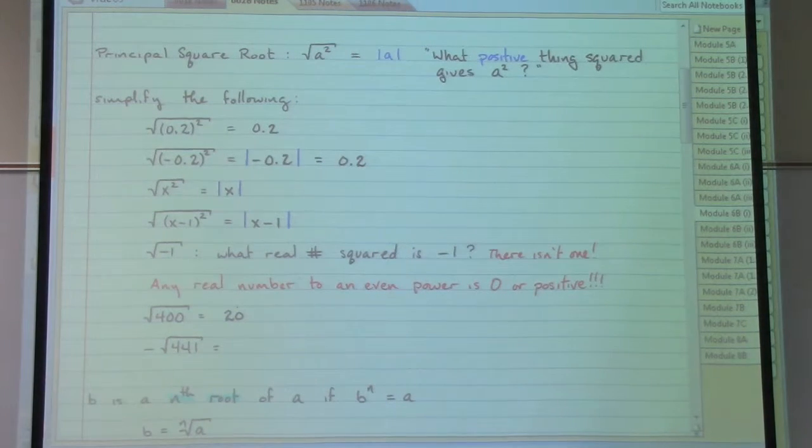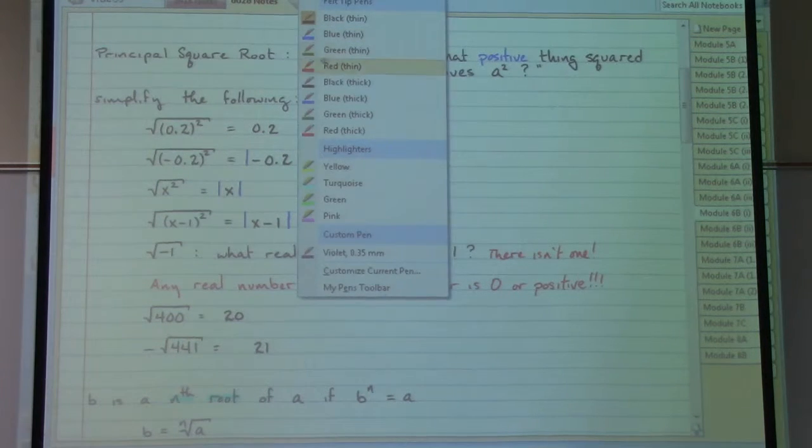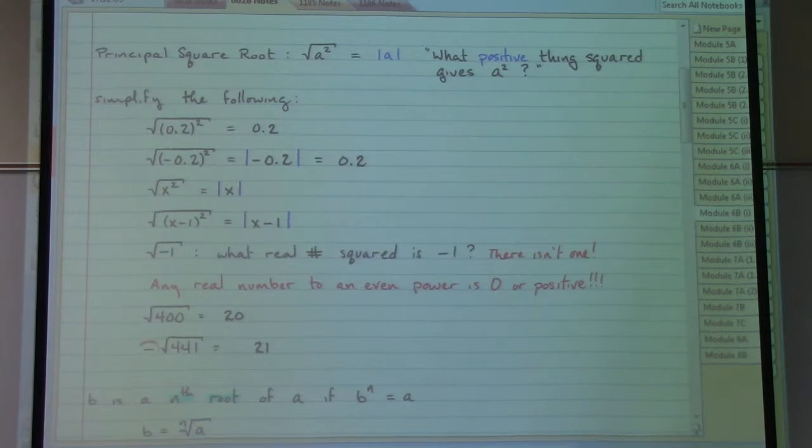Well, again, if you know it, great. With the help of a calculator, we find that that square root by itself is the number 21. But that square root does happen to have a negative out in front. So the negative that is out here at the front doesn't affect us answering the question that we've been asking in all of these other examples.